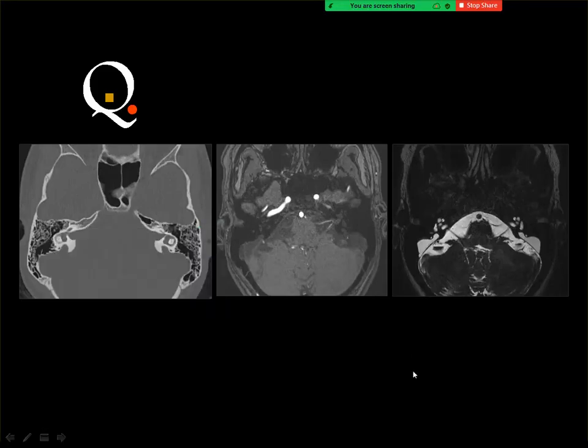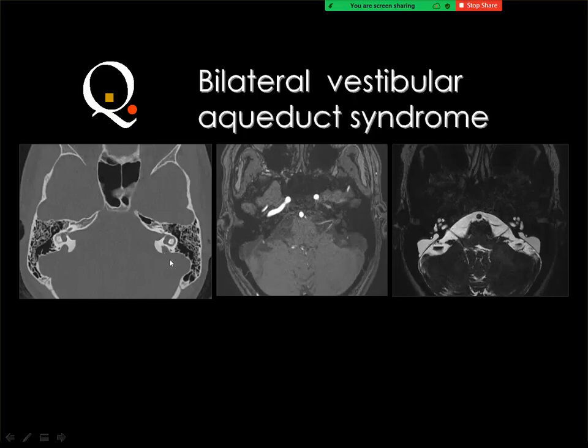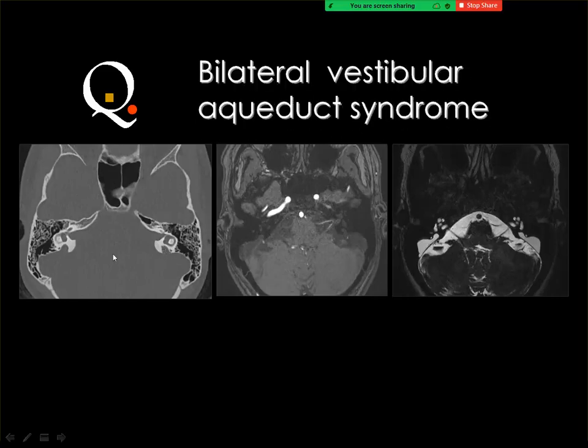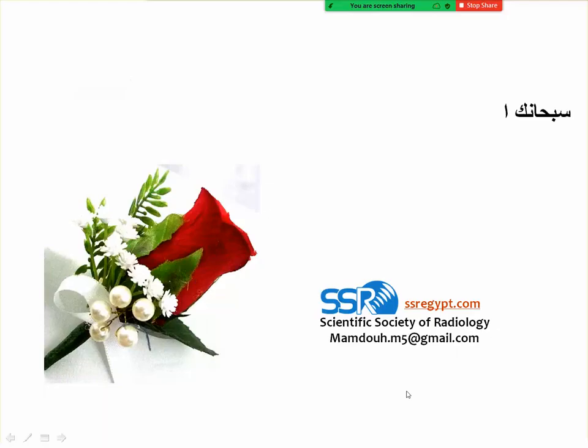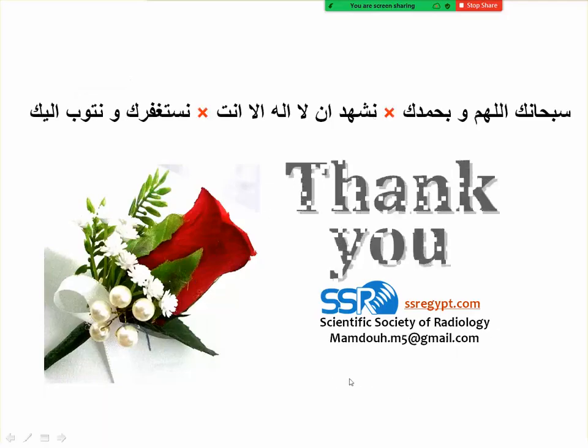This is an enlarged endolymphatic duct and sac, or what is known as vestibular aqueduct syndrome. The vestibular aqueduct is very wide on both sides, and also you can see in this MRI that the sac is very dilated bilaterally, diagnostic of bilateral vestibular aqueduct syndrome.